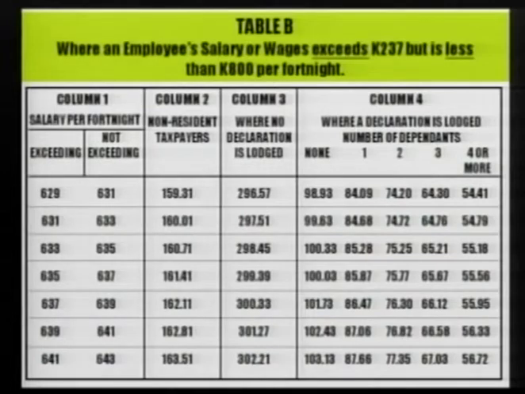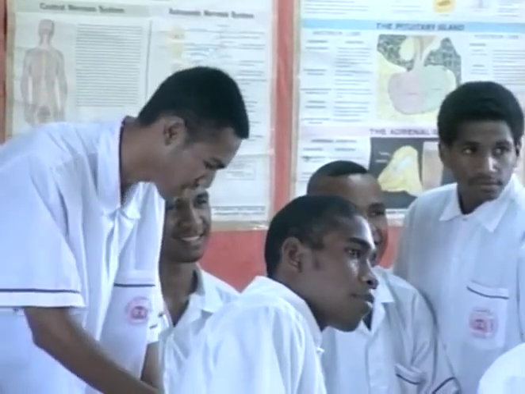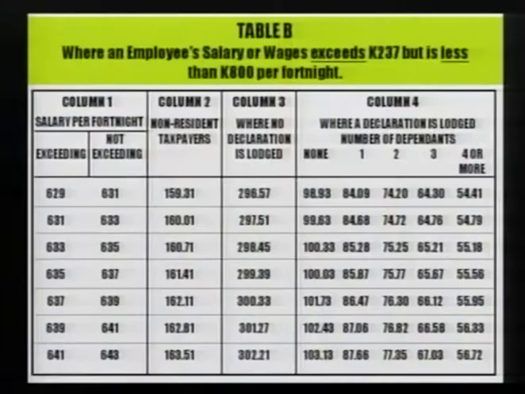Killer's group. How much tax does that person pay? 85 kina, 87 toya. Okay, good.